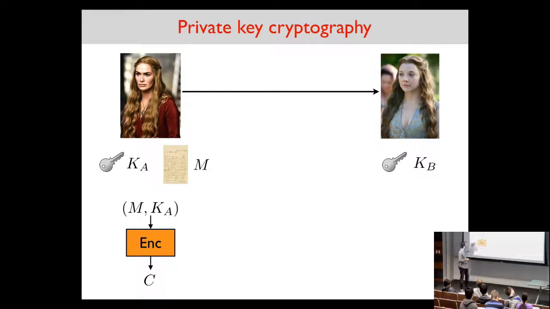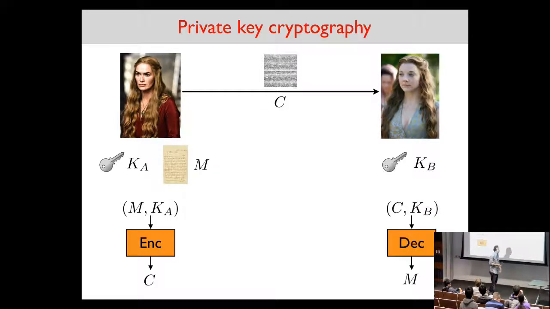What I'm going to do on this side is take the message and the key, apply some encoding algorithm, and produce a ciphertext, an encoded text. I'm going to then send that encoded text over this channel, which is assumed to be insecure, so there can be an eavesdropper that sees the C, but hopefully it will look like garbage to that person. On the other hand, you receive this ciphertext, you apply your key to it, you have some decoding algorithm that will then produce, hopefully, M, the message.